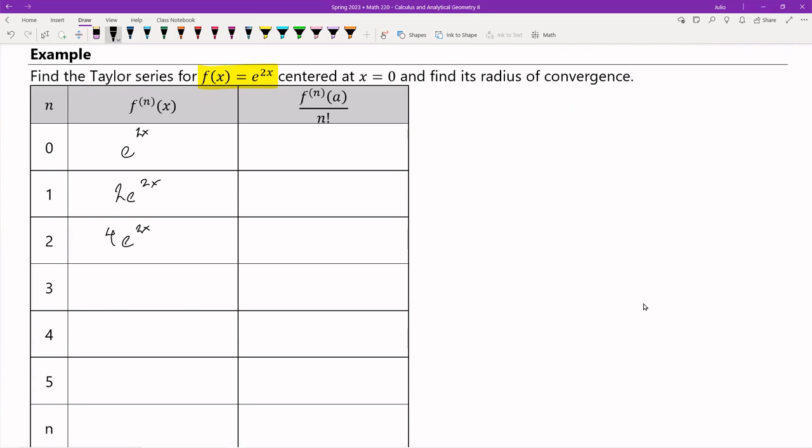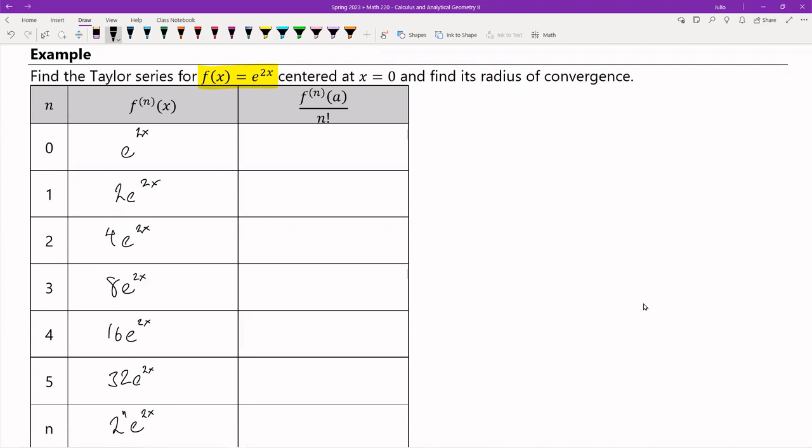When n equals 3, that's going to be 8e to the 2x, then 16e to the 2x, 32e to the 2x. Hopefully you see the pattern going down here. The nth derivative is going to be 2 to the n e to the 2x. Okay, so we found our derivatives.